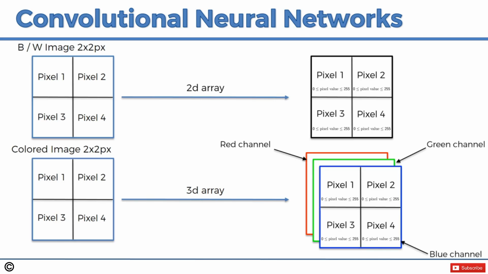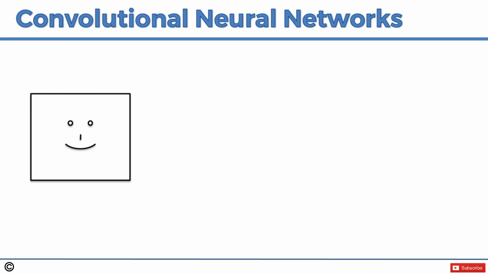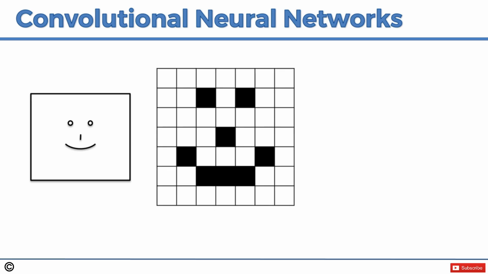And finally, let's have a look at a very trivial example of a smiling face in computer terms. If we really simplify things, instead of having values from 0 to 255, just so that we can understand things better and really grasp the concepts, we're going to say 0 is white, 1 is black.